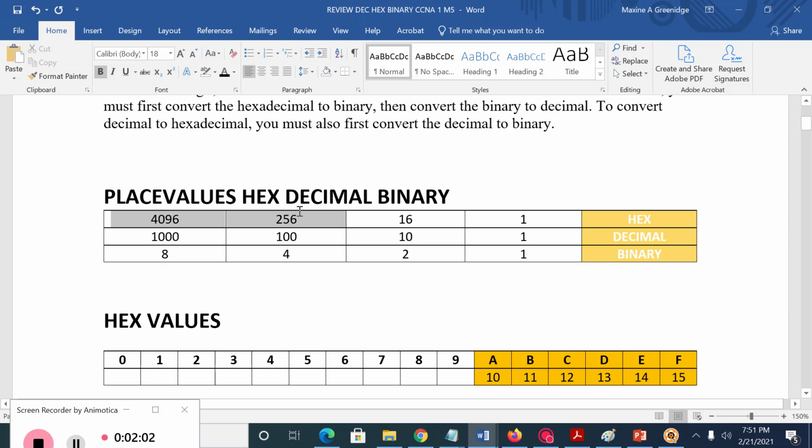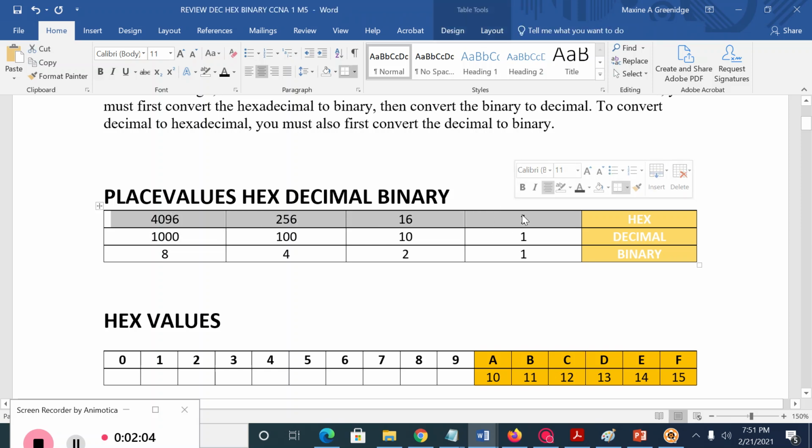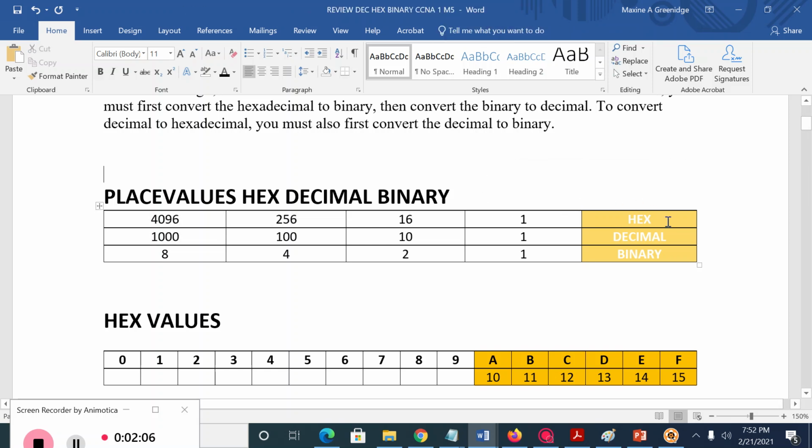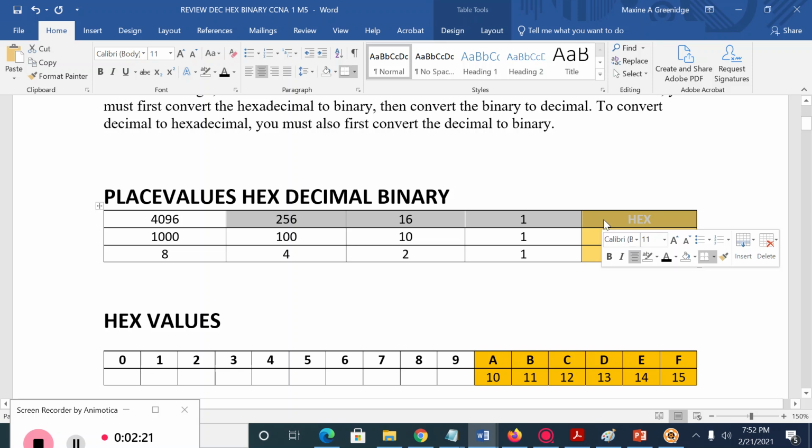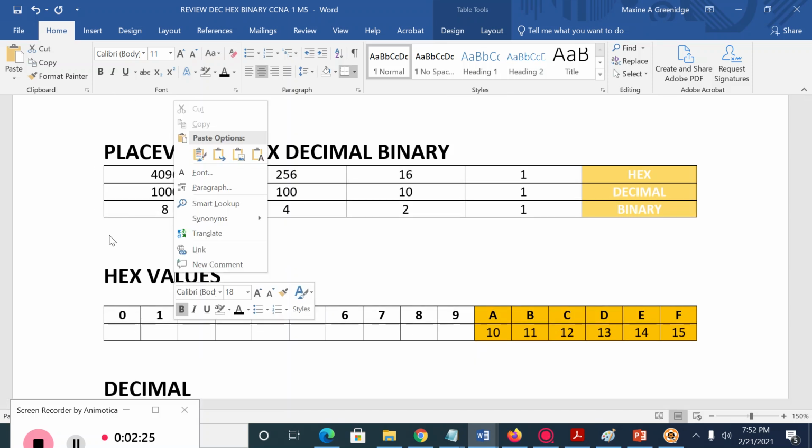So if these are our place values for hexadecimal, let me just copy the whole line, and then we'll copy it down. We'll just take those 3 because we're just using 2 values. All right, so let's look at the place values.